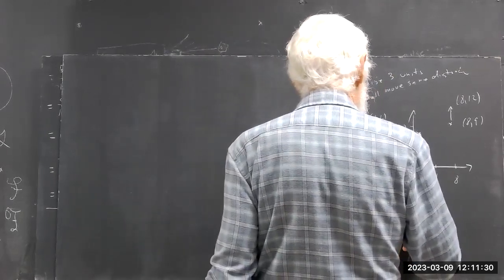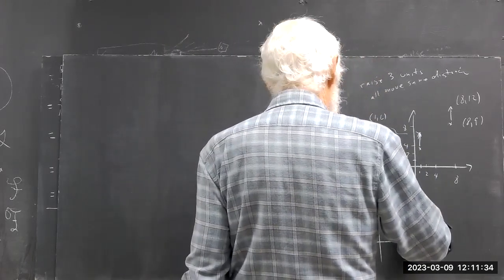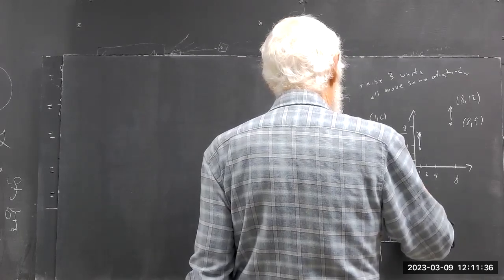This is the distance of this point from the x-axis. If I move 3 times as far, I've got to move that distance, and then I've got to move that distance again.